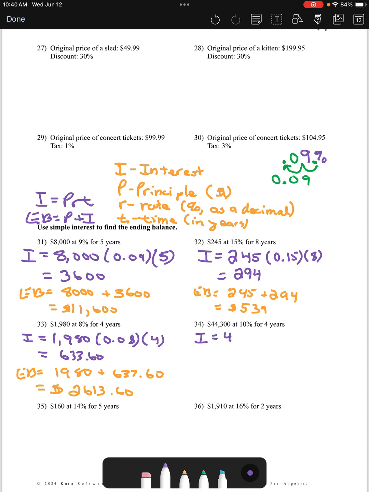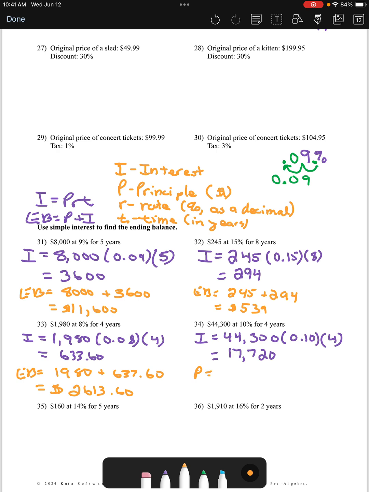On number 34, interest is equal to our starting $44,300 times our interest rate of 10%, so 0.10, times our amount of time, which is 4 years. So 44300 times 0.10 times 4 gets us a very nice 17,720.